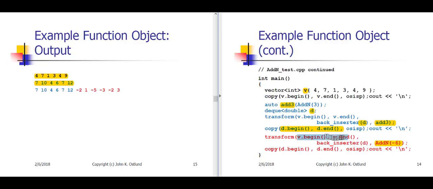This transform is still reading from the vector v as its input values, but notice that we're using back inserter on D to add these values to the back of what's already in D. Okay? So in the blue copy, we saw that deck contained the same number of elements as V, but with each of the elements 3 greater than the elements of V. Now we're going to have 6 more values inserted at the back of D, which are the values of V minus 6. So 4 minus 6 gives me a minus 2, 7 minus 6 gives me a 1, etc.